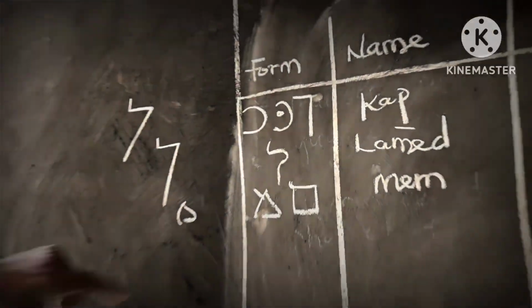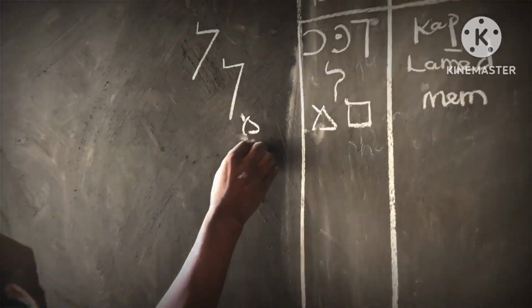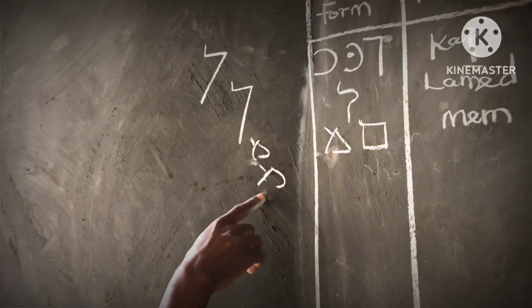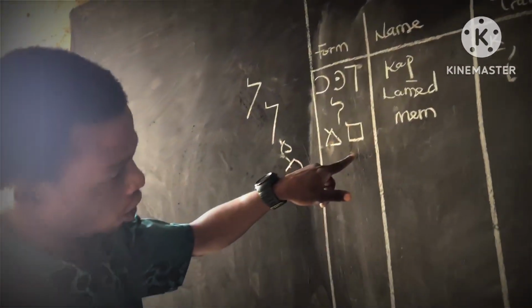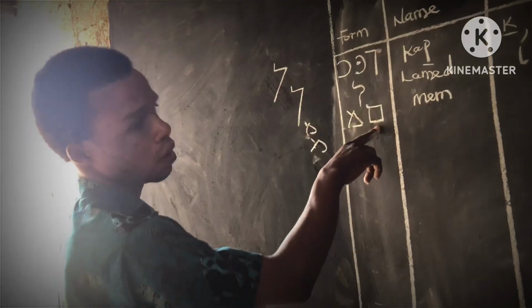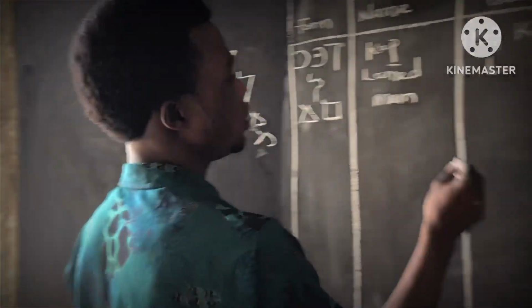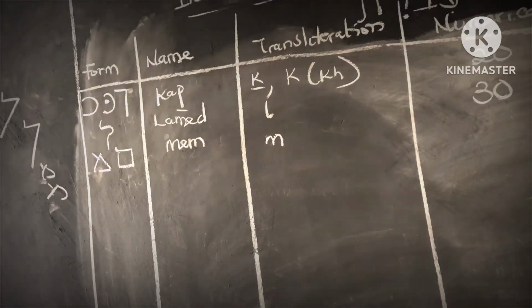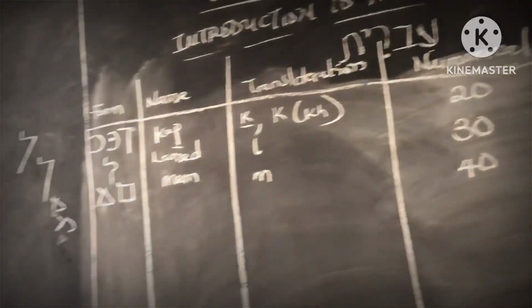So you can simply write it as this as well. You can see that it's not closed up, but if it is appearing at the end of a word, it will now close up. So mem simply is this. And don't forget, the rule still says it will be number 40.